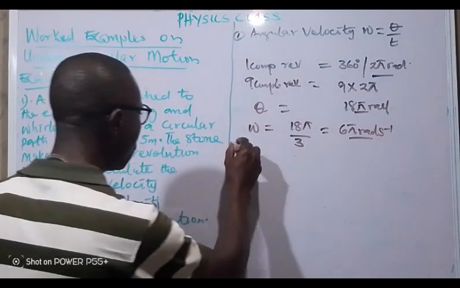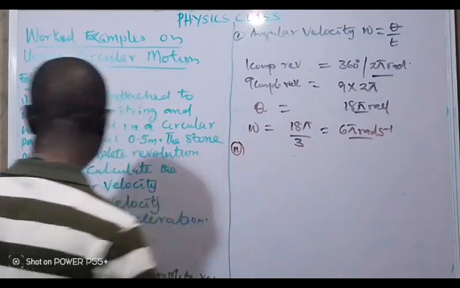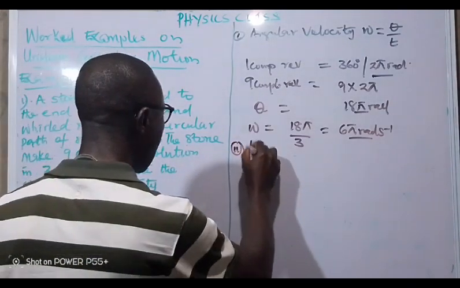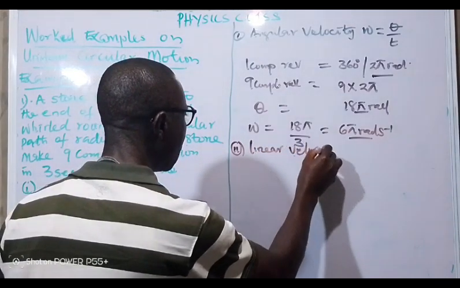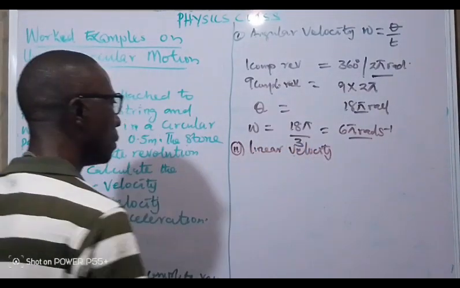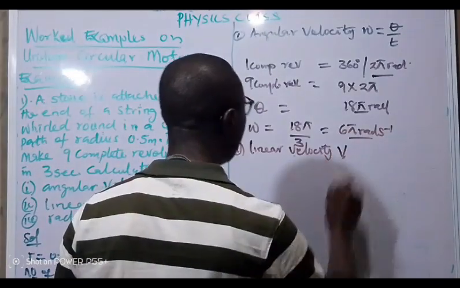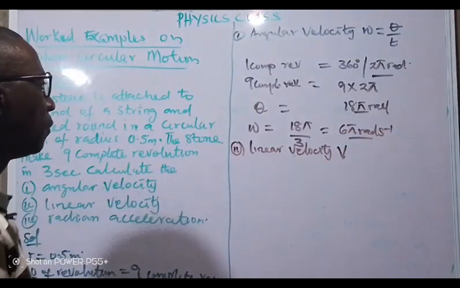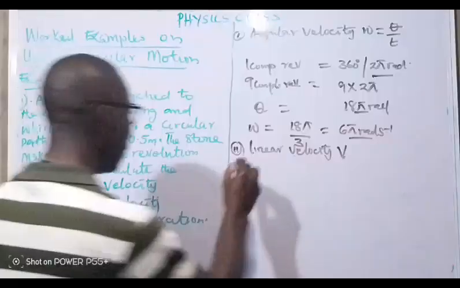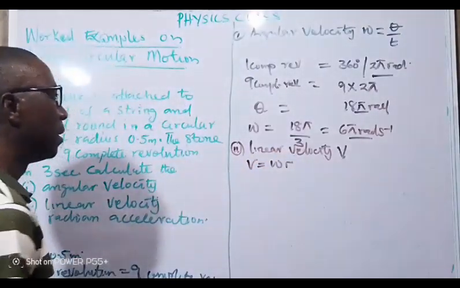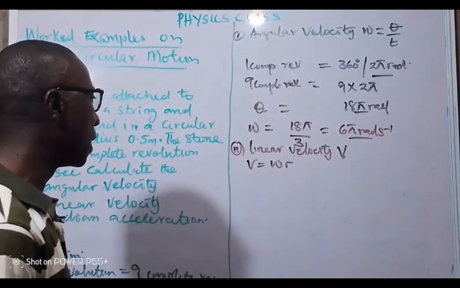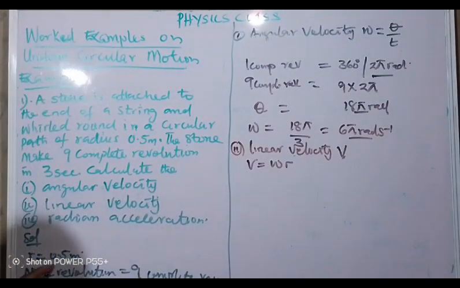Question Roman figure 2 now. This one is linear speed, linear velocity or linear speed. The symbol for this one, don't forget, is V. And the formula from our last lesson, V is equal to omega R. We know the value of omega already, R is given.